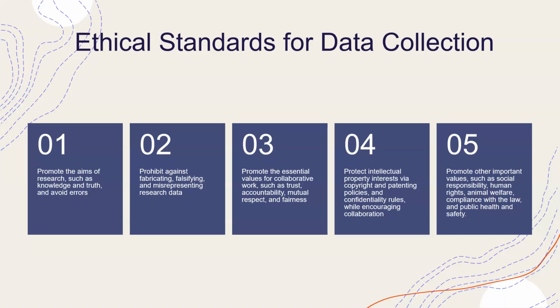Most researchers want to receive credit for their contributions and do not want to have their ideas stolen or disclosed prematurely. Many ethical standards also promote a variety of other important moral and social values, such as social responsibility, human rights, animal welfare, compliance with the law, and public health and safety.